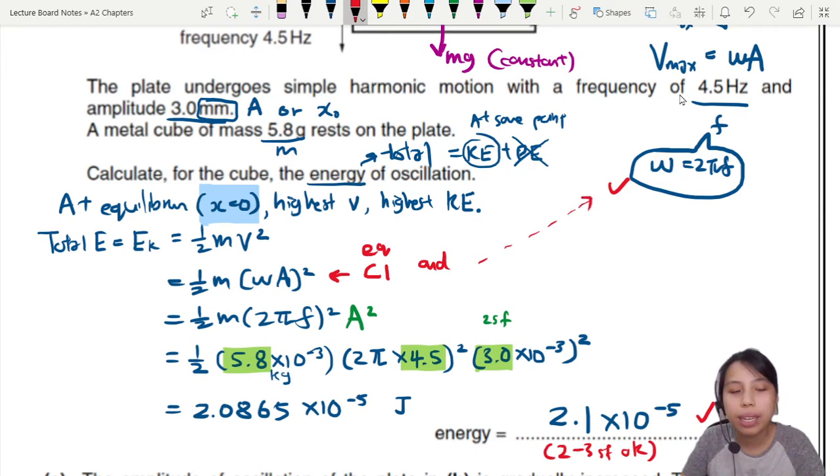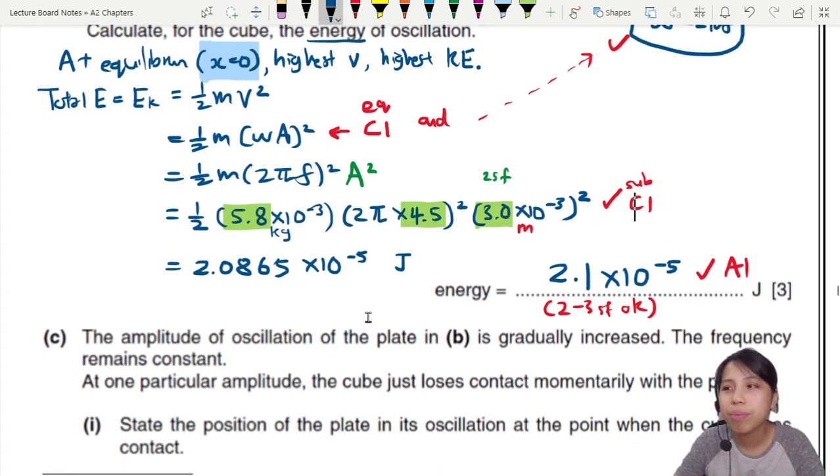So I make a link there. Then if you substitute everything correctly, that's the second mark here, substitution. Especially all the power of 10, the kg, the millimeter. Okay, this is in meter. Should write a reminder, meter. And you should get the final answer here. So that's 2.1 times 10 to the negative 5.